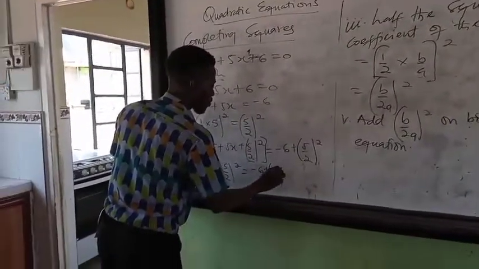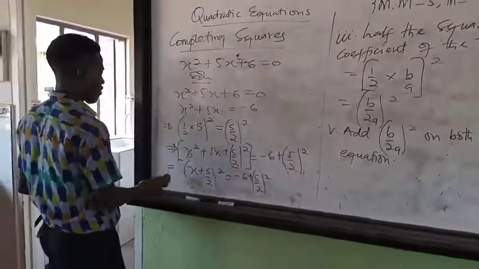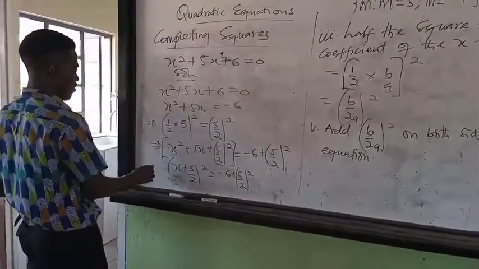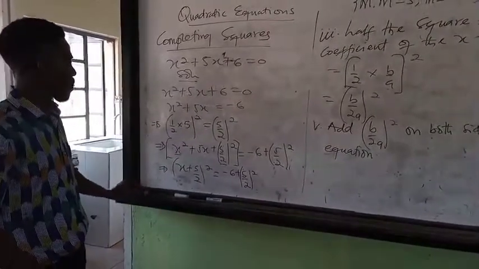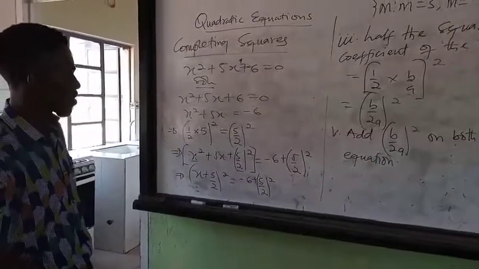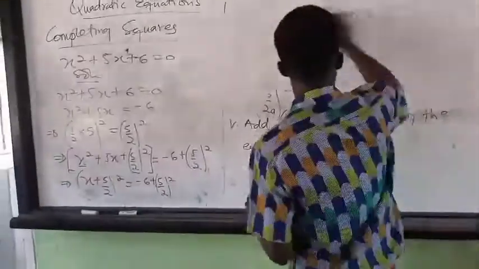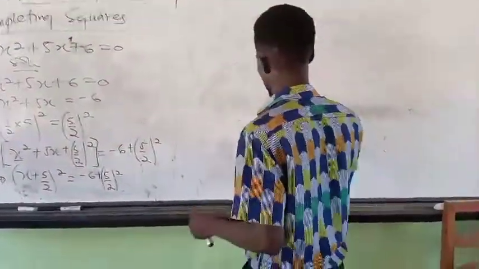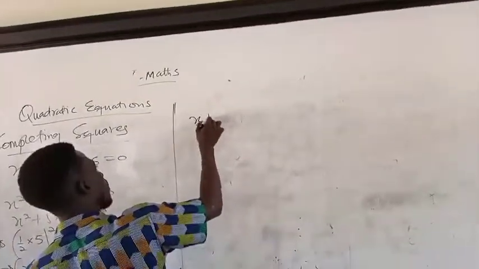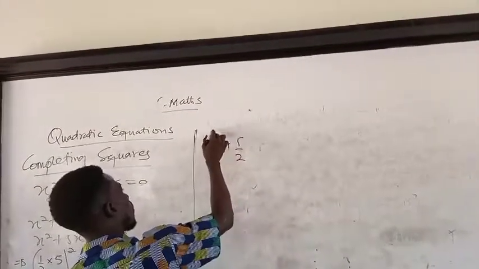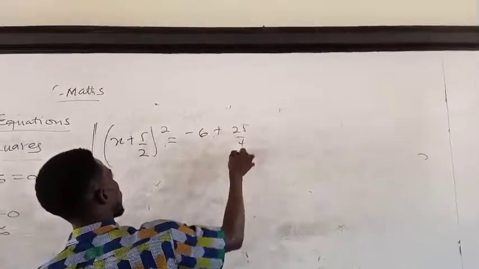Negative 6 plus (5 on 2) squared. So this is what we have. x plus 5 on 2 all squared is equal to negative 6 plus (5 on 2) squared. Now when you resolve this thing, we have negative 6 plus 25 over 4.